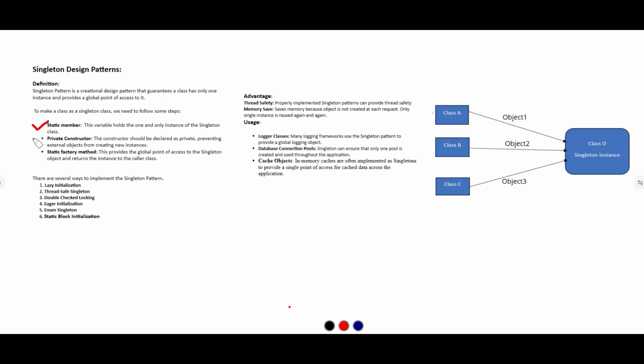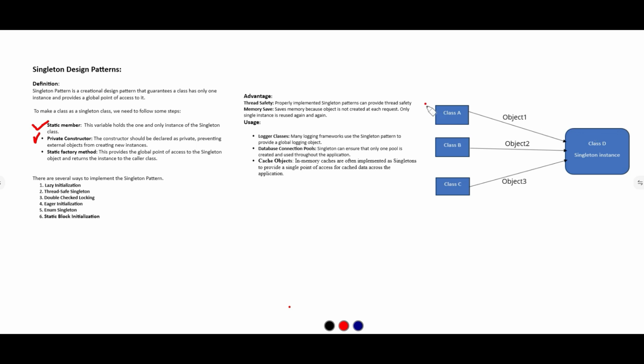Next, we need to make the constructor private. If you make the constructor of class D private, then you know that constructor should not be accessible outside this class.